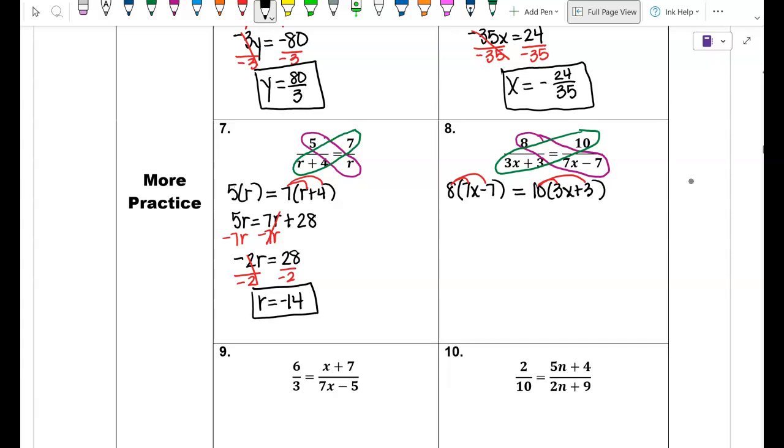On the left, I'm going to distribute the 8, and on the right, I'm going to distribute the 10. Again, anytime I have quantities, I'm going to have to distribute. So I have 56x minus 56 equals 30x plus 30. Add 56 to both sides. 56x equals 30x plus 86.